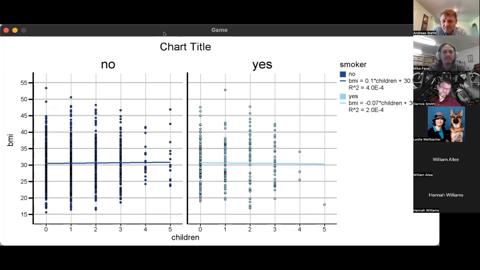So what do we think? Is this a real relationship or not? Is smoking a factor that we should care about? Seems negligible. I hear one seems negligible. Anyone in defense of smoking? Okay, and I think that's the conclusion that you would come to.